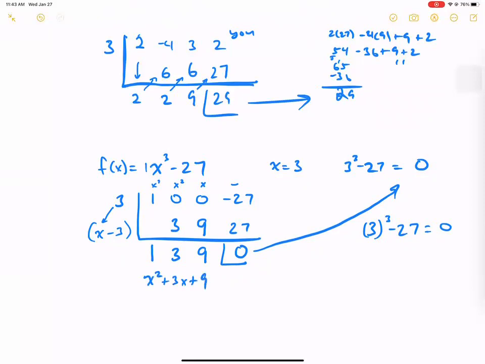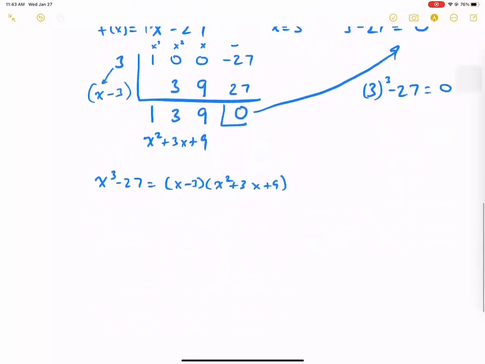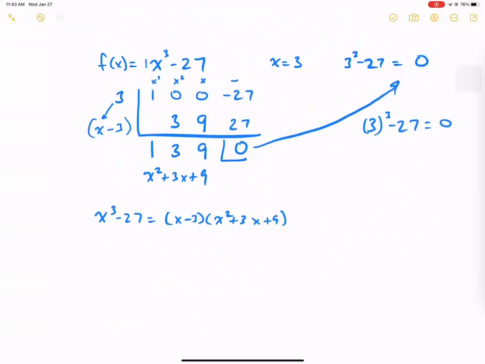And turns out, this is our rule. This is what we're going to head into moving forward: x cubed minus 27 is actually x minus 3 times x squared plus 3x plus 9. I'm not sure if you guys remember this rule. This is actually a difference of two cubes.